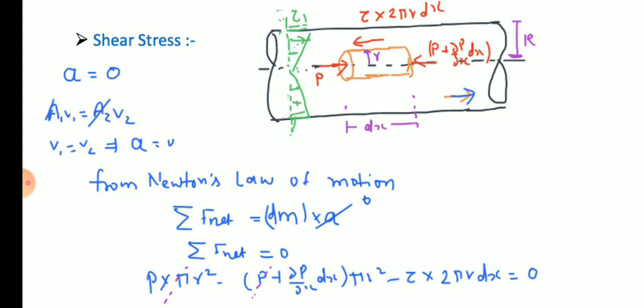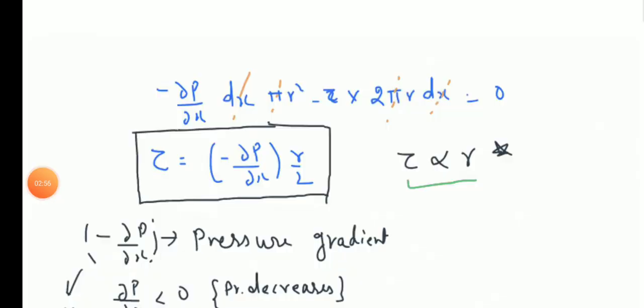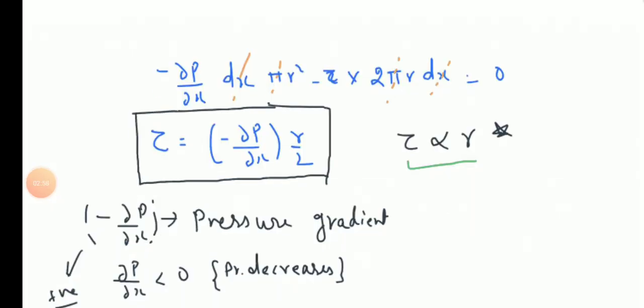P into pi r square is the force in the left direction, and in the opposite direction the force is P plus del P by del x dx into pi r square, right? And the shear stress is also there, which is tau into 2 pi r dx. On simplifying this equation we get tau is equal to minus del P by del x times r by 2. So we can see the shear stress profile is linear, right?